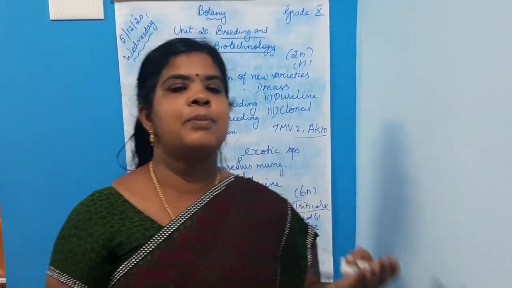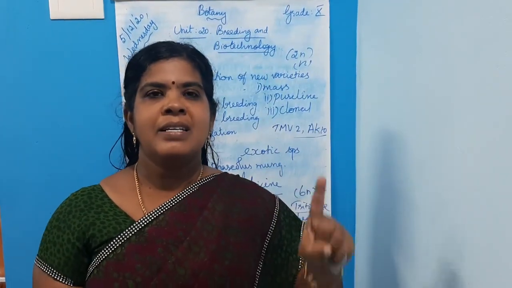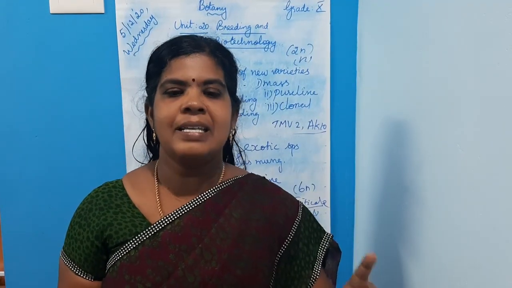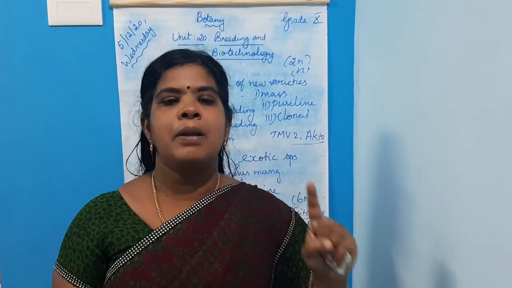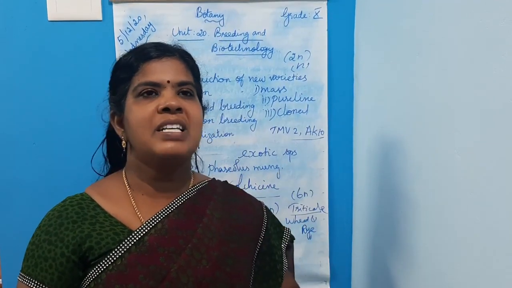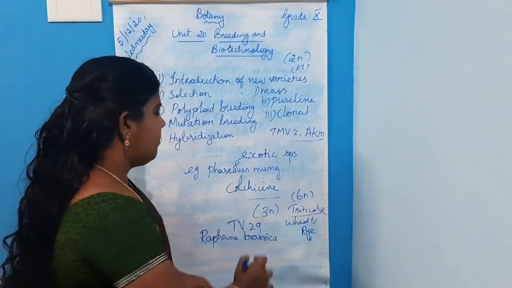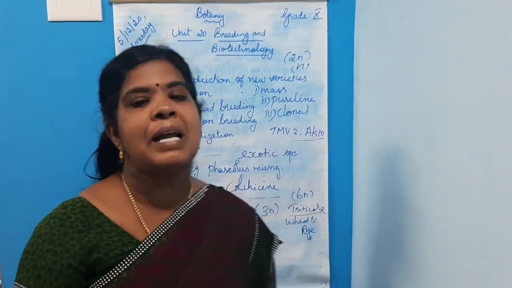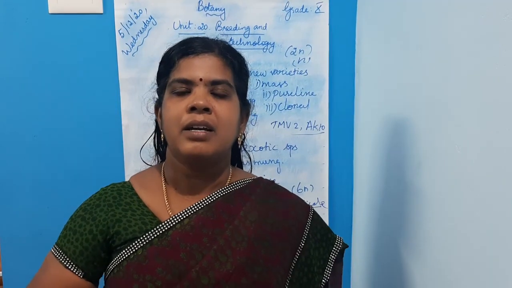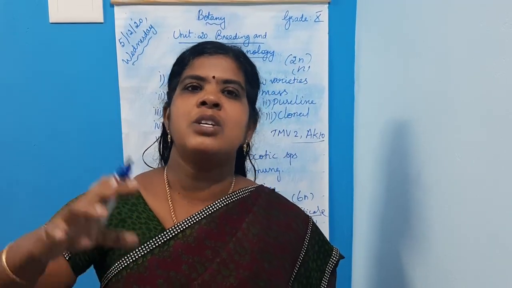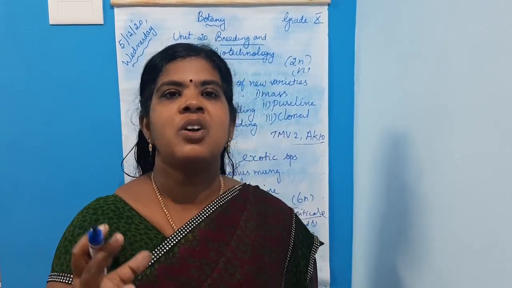So what are the achievements of polyploidy? First one, seedless watermelons and bananas are obtained through polyploid treatment. Second one is TV29, a variety of tea plant which shows larger shoots and drought tolerance.